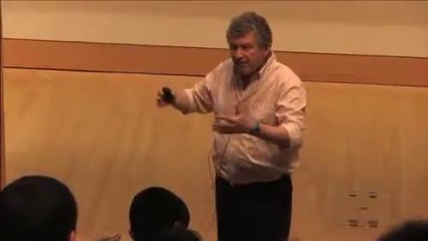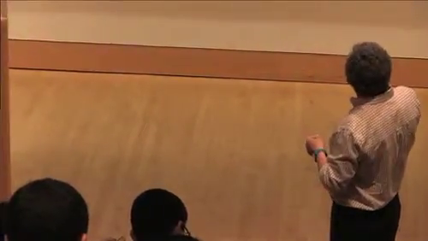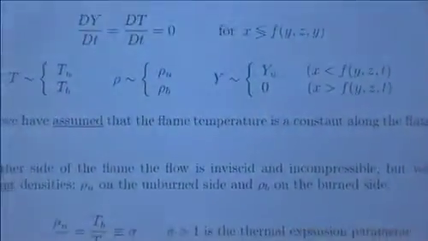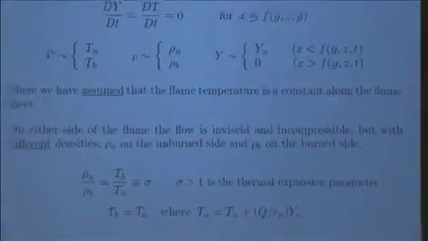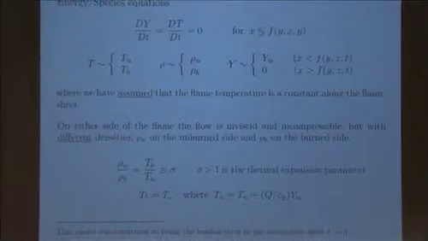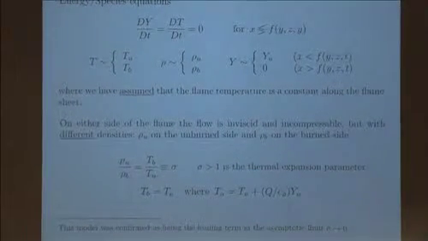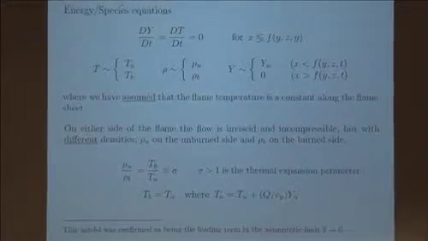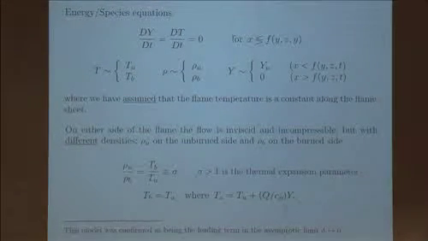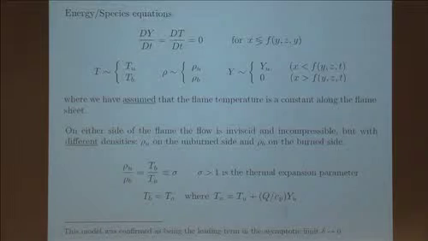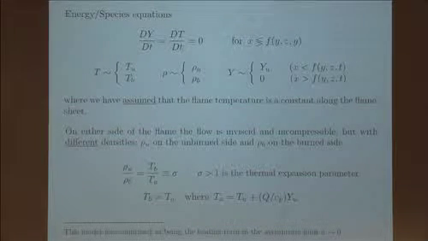Now, what happens behind the flame? Well, behind the flame, the assumption is that the flame temperature along that surface, in other words, the flame is going to be some kind of isotherm where the flame temperature is constant along it, which is not precisely true, and we are going to revisit that later.